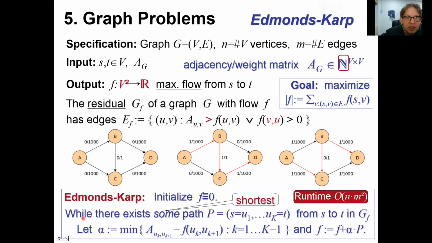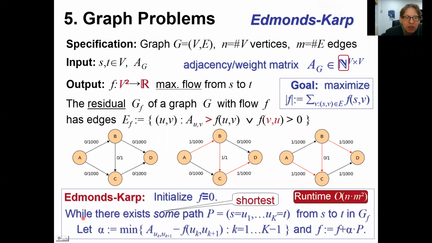The observation here is that every edge that is used once in a shortest augmenting path will actually decrease the distance from source to target vertex. And since the distance from source to target can be at most n, this means that any edge can be used at most n times. Let me say that again.